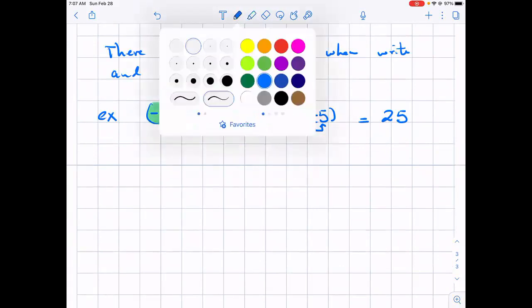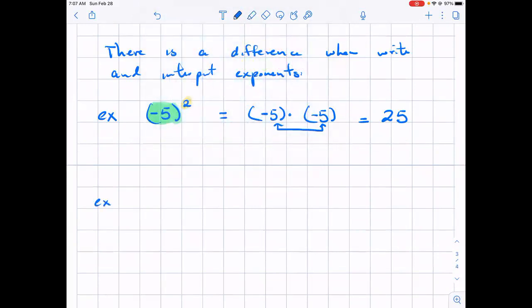Okay. If I look at this example here, what about if I have minus 5 squared? Well, notice that there is no parentheses here. So the base is 5. So it's 5 times 5. My base here is 5. And that negative just comes down.